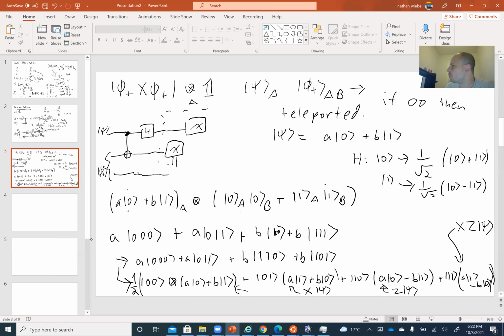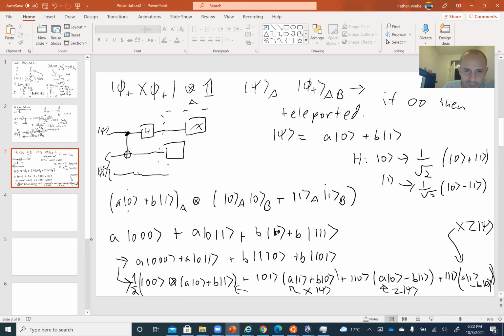So what we want to do is we want to do the following. Let me just make sure that I've got this right. Okay, so what we want to do is we want to be able to fix this by applying first a NOT gate and then a Z gate.